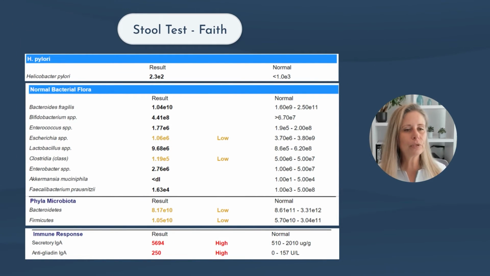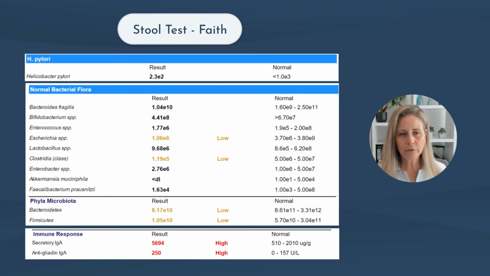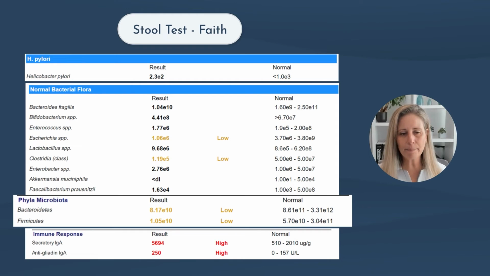We can see, first of all, she has some Helicobacter pylori, or H. pylori. That's a moderate amount, but I still treat all H. pylori that I see. Overall, for her normal bacterial flora, we're seeing that she has overall low. If we look down here at the phyla, we see 2 phyla listed, Bacteroidetes and Firmicutes.